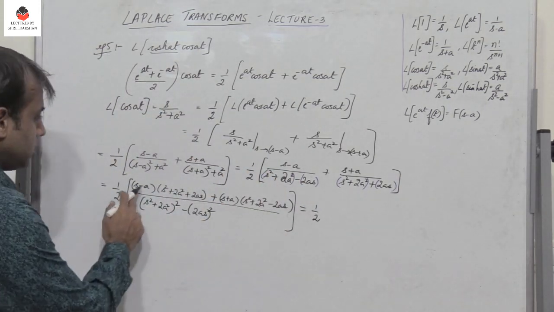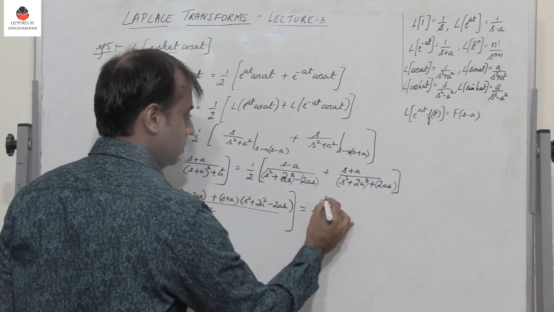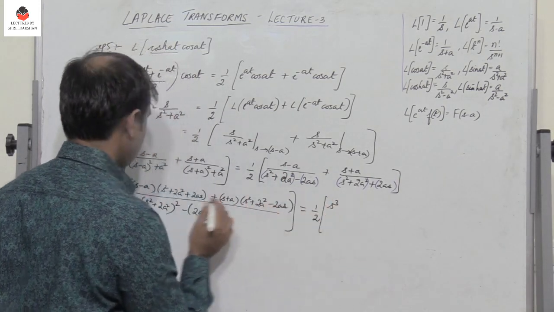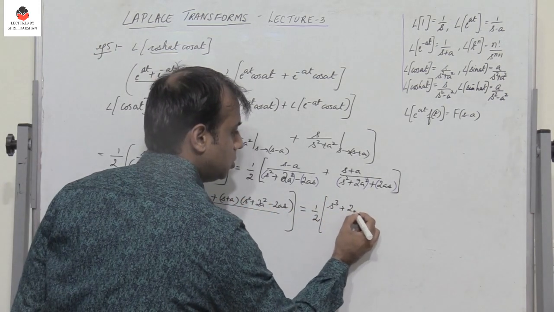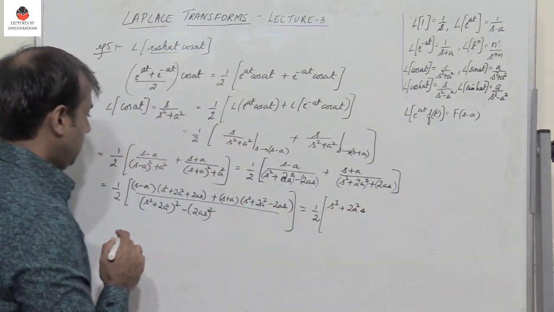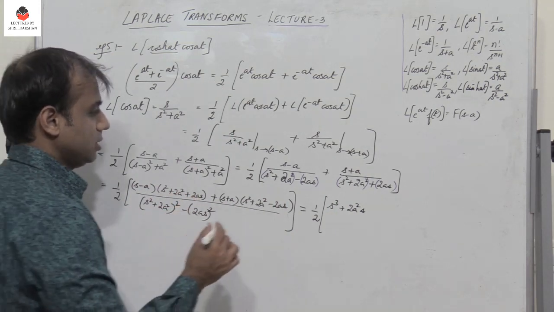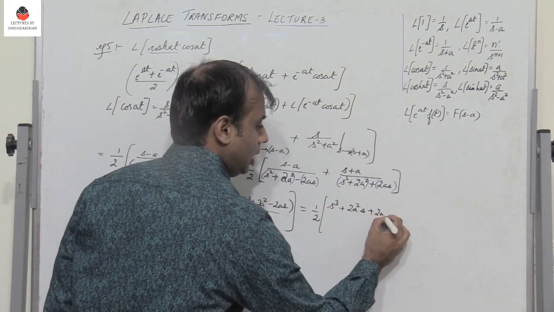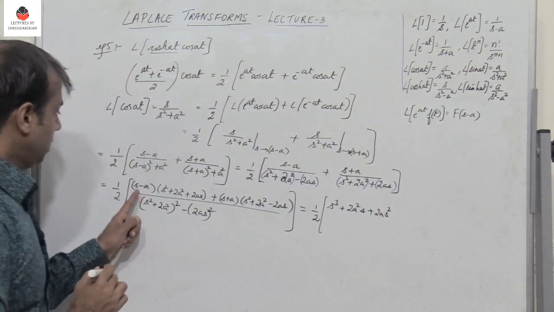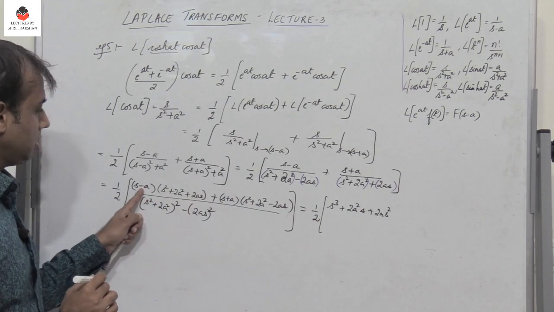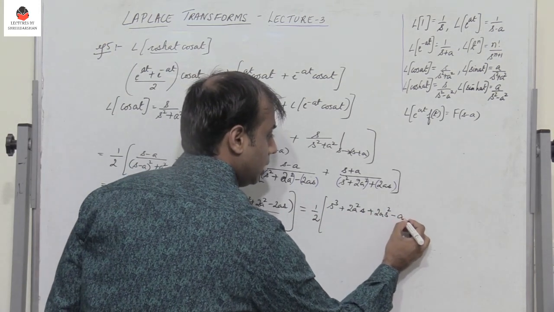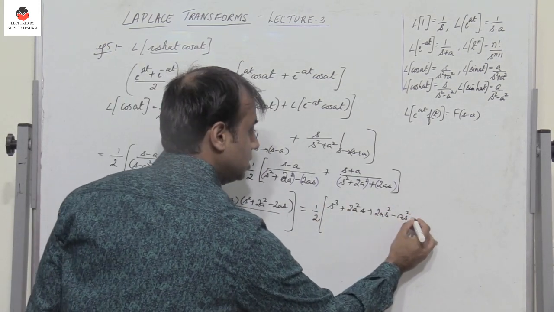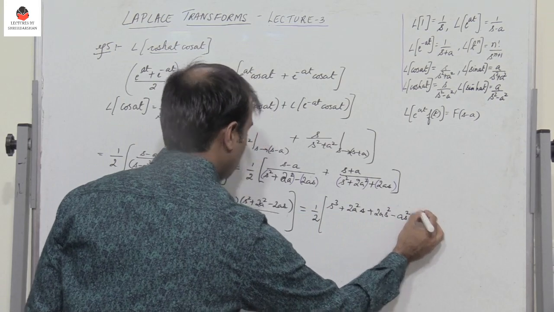So observe, s into this expression will give me s cube plus 2a square s plus 2a square s, and then plus 2a square plus 2a square, and then all these three multiplied with minus a. So you have minus a square minus 2a cube, right?